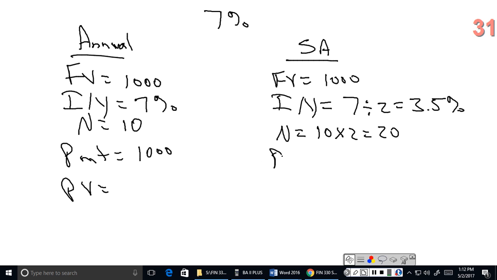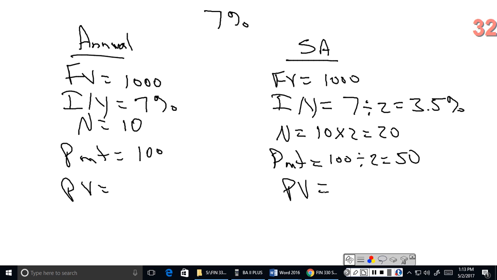And the payment is 100 divided by 2, which is 50.